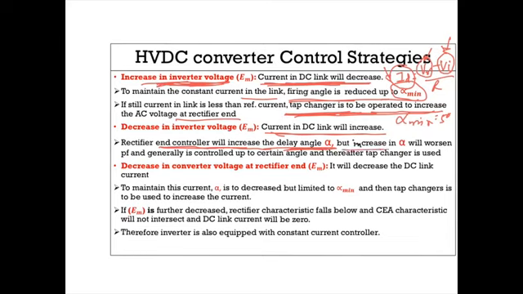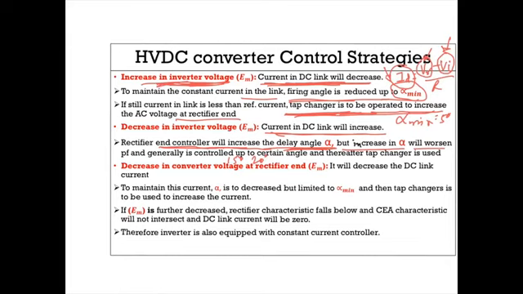But any increase in alpha will reduce the power factor, since the power factor of, say, the rectifier depends on the firing angle. So it is not possible to increase alpha beyond, say, 15 degrees or 20 degrees in order not to reduce the power factor substantially.